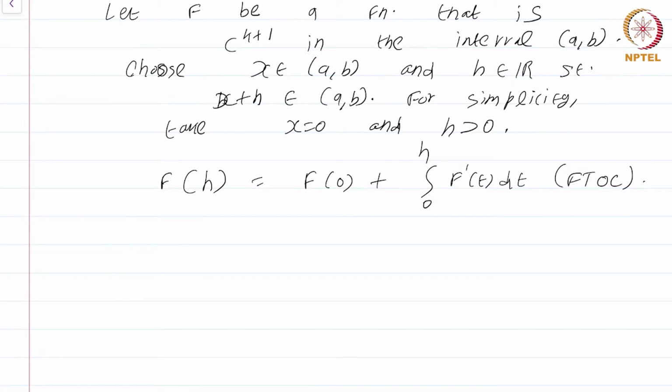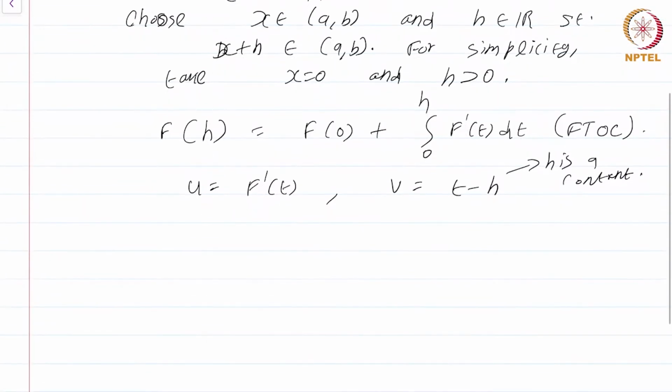What I'm going to do is first revert back, using a time machine, to high school notation. I'm going to take u to be f prime of t and v to be t minus h. Note h is a constant. Okay, take u to be f prime of t and v to be t minus h.